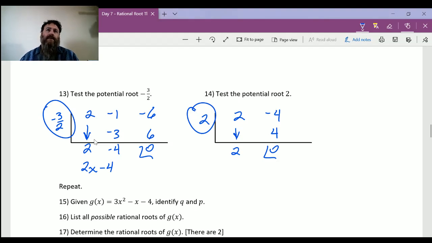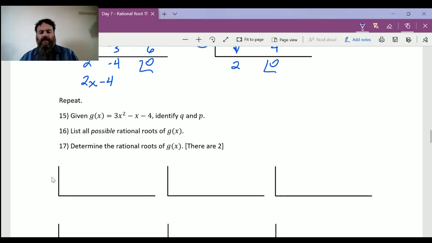It's a little bit of luck and a little bit of experience. The more of these you do, the more likely you are to guess the right number to try first. But other than that, there's not really a fix-all for it.